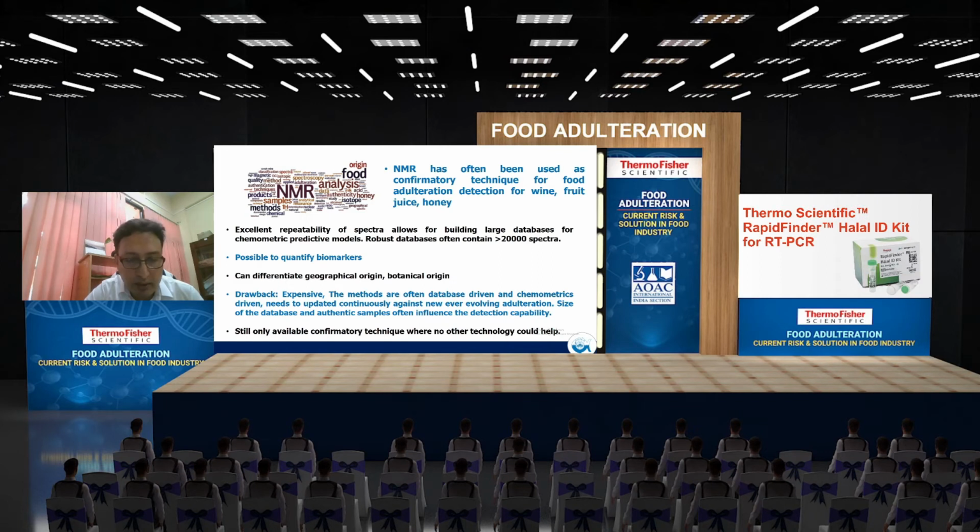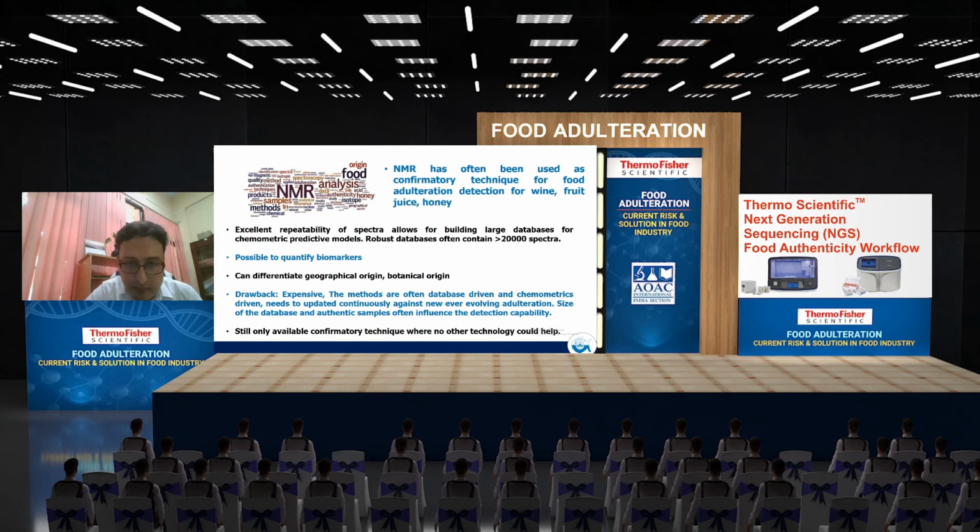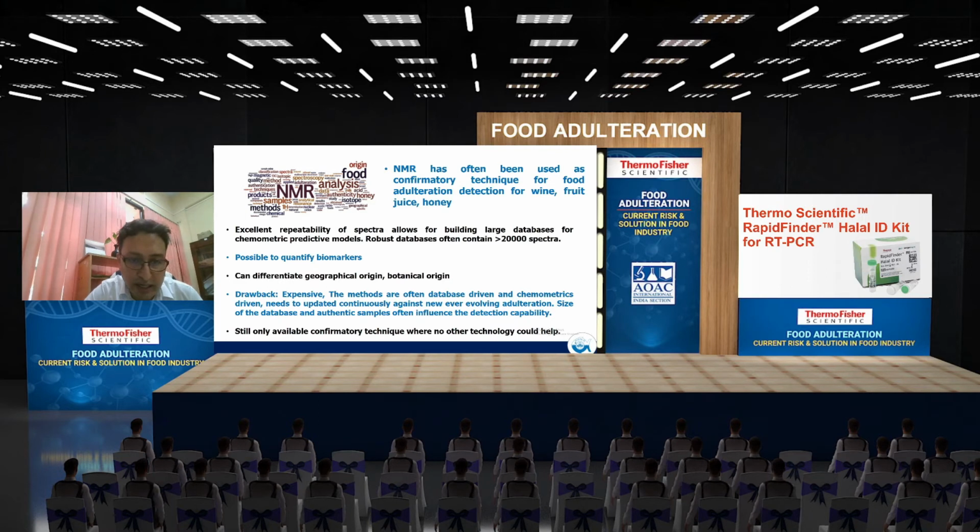If you see the Bruker instrument for food authentication, they have databases of wine, fruit juice, and honey. Typically, this type of detection requires very large databases. For example, the wine database contains more than 20,000 spectra. And there was recently a report of honey authentication using NMR.